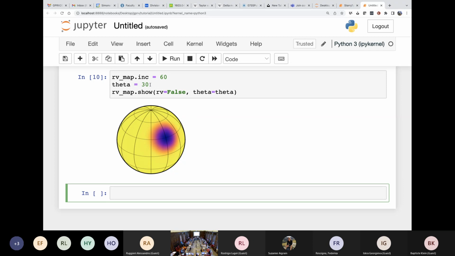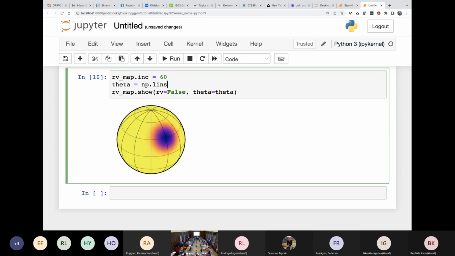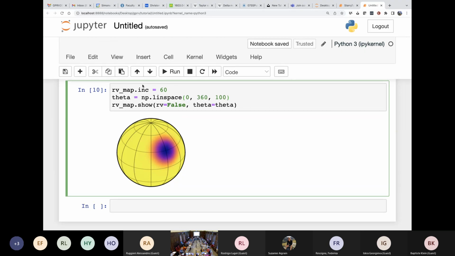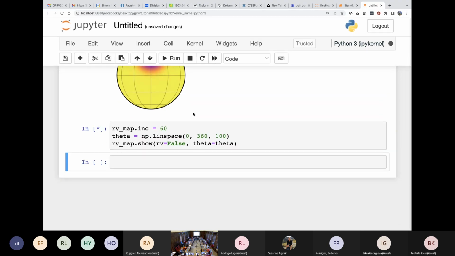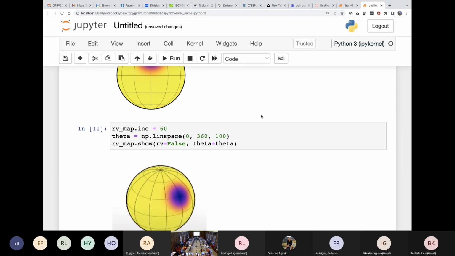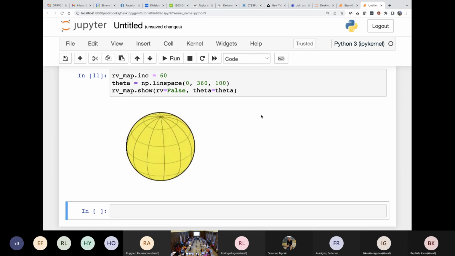The other thing you can do is change theta to be an array, and then it gives you an animation of the star. Depending on whether you have the appropriate MPEG backend installed.